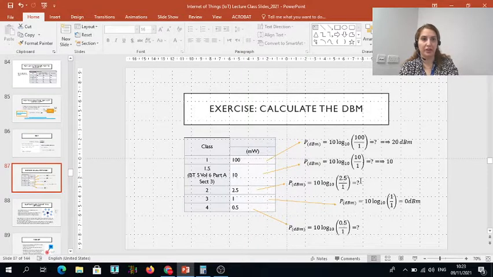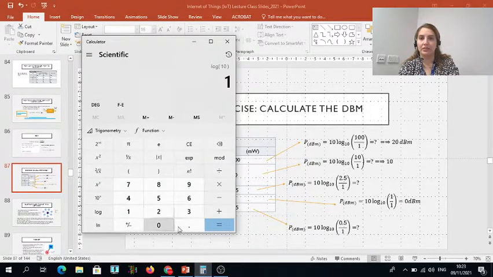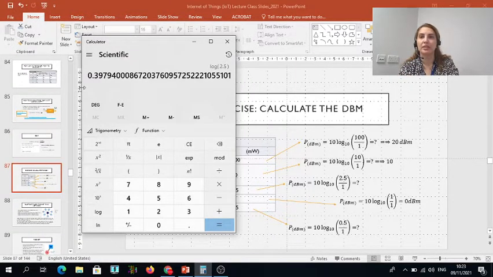Now, going back here, that is 2.5. The logarithm of 2.5 is equal to 0.39, so that can be rounded up to 0.4.